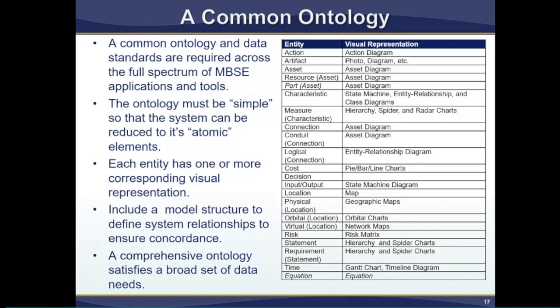The ontology, I believe, should be simple, right? And we should be able to reduce everything back to its atomic level of elements. So what I mean by that is, I use the analogy of the English language has somewhere between 500 and 600,000 words.